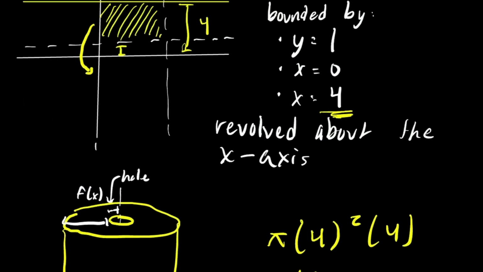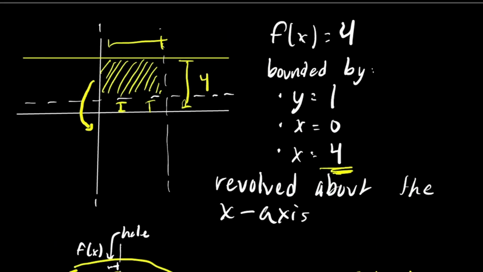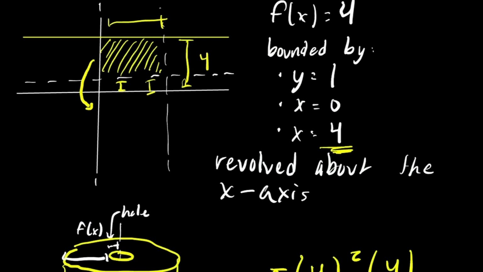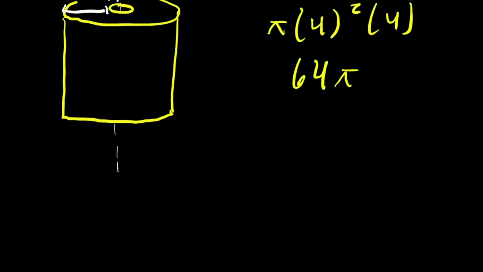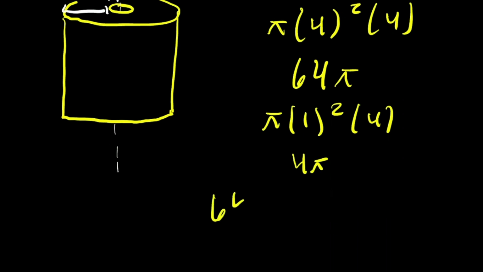And we would have to subtract the hole, which has radius 1 and length 4, which is pi times 1 squared times 4, just 4 pi. 64 pi minus our hole, which is 4 pi, equals 60 pi. So pretty cool that you can do that with just geometry as well.